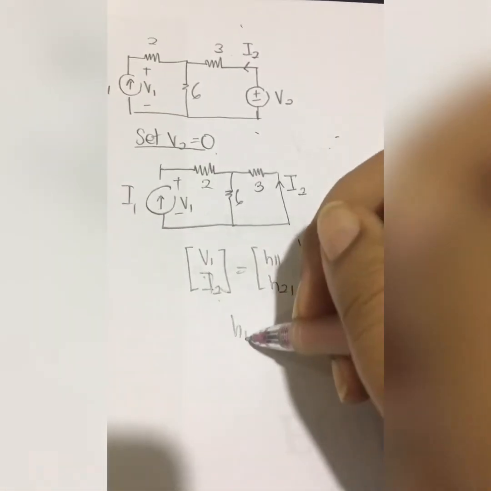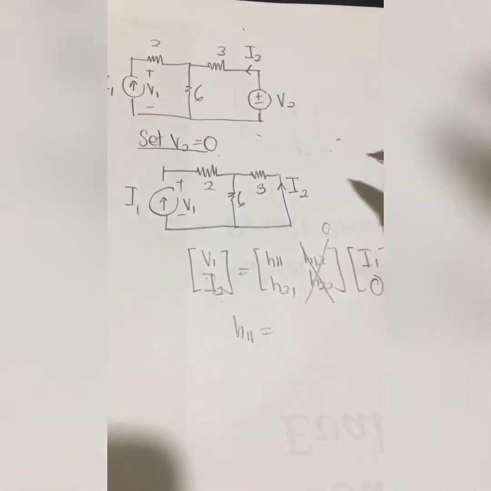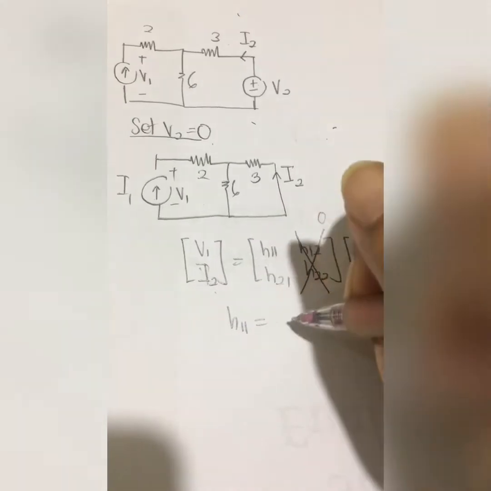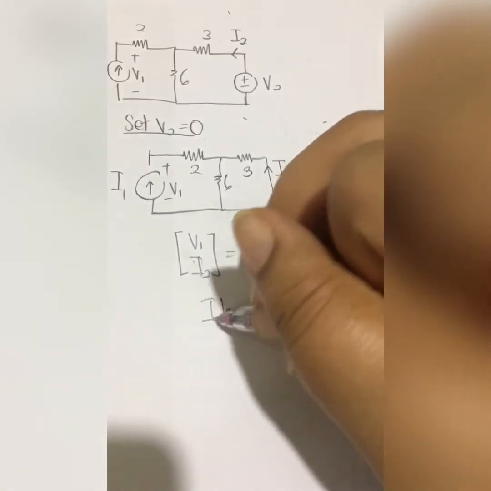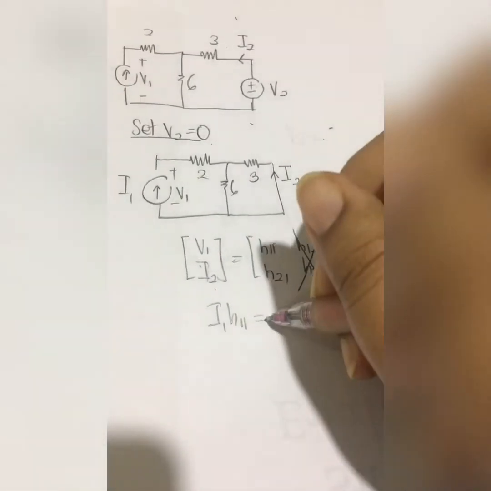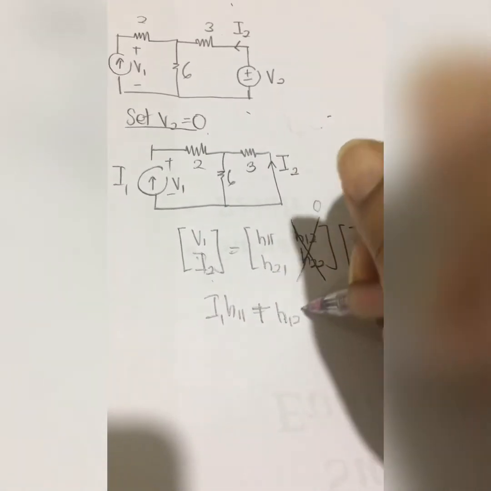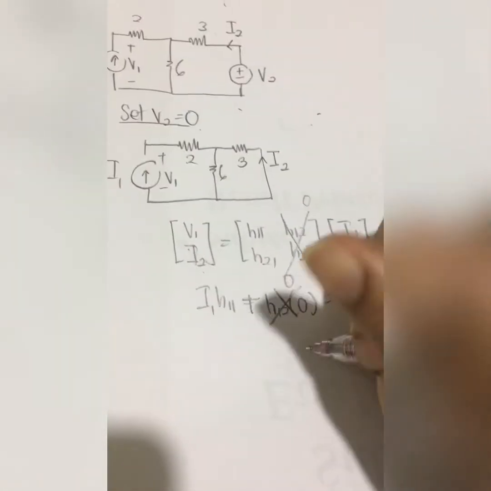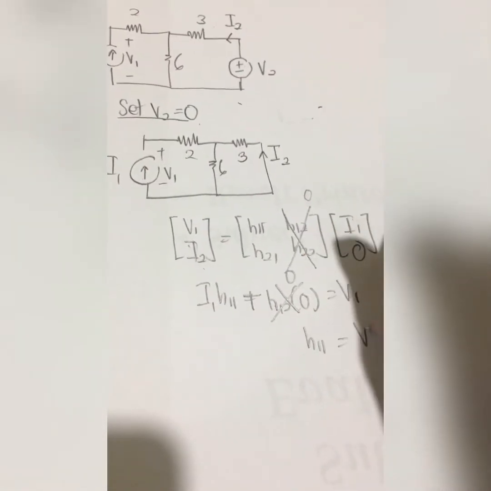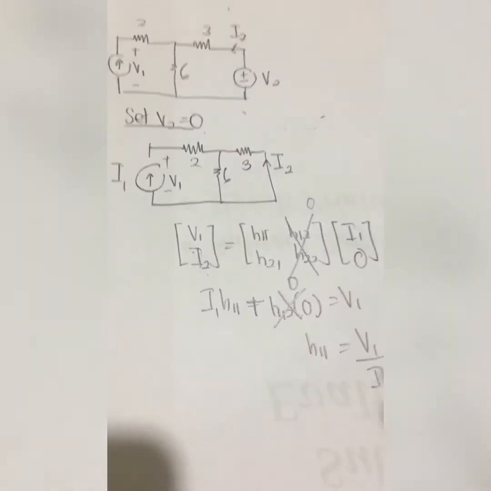Then from that we can calculate H11. H11 multiplied with I1 plus H12 multiplied with 0 equals V1. This part will be 0, so H11 is equal to V1 divided by I1.